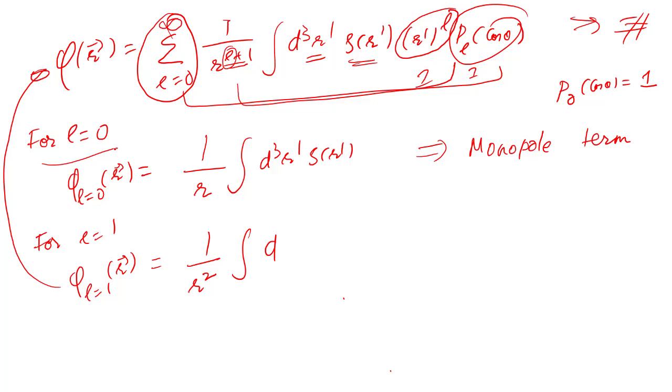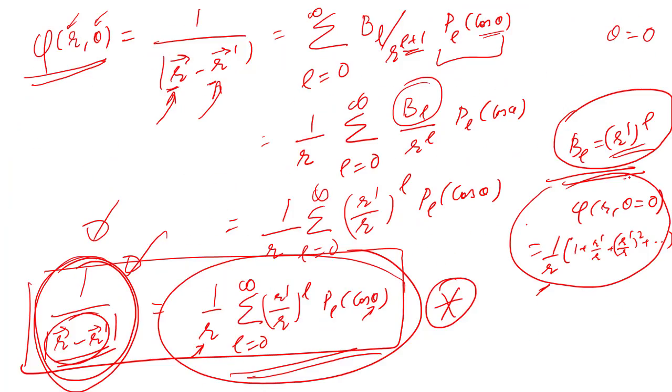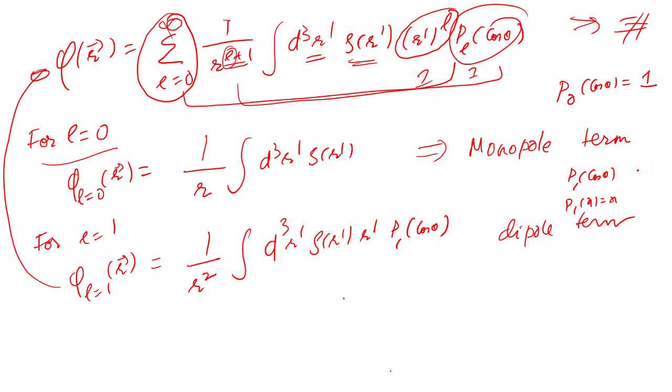And when we set L equal to 1, we get the second term, which is the dipole term, right? So that would be the integral d cube r prime rho of r prime P_1 of cosine theta. P_1 of x is simply equal to x, so this is simply cosine theta. So we can write 1 over r squared, integral d cube r prime rho of r prime cosine theta.